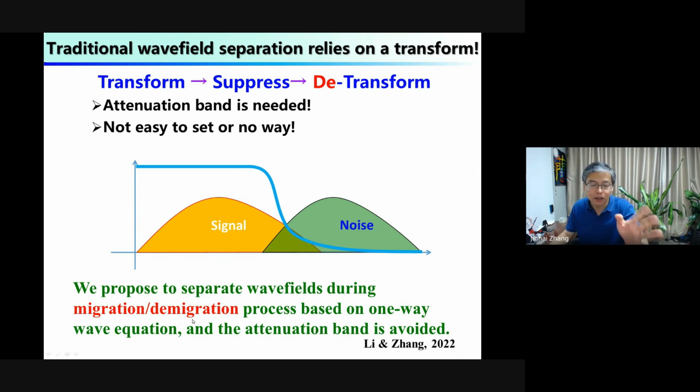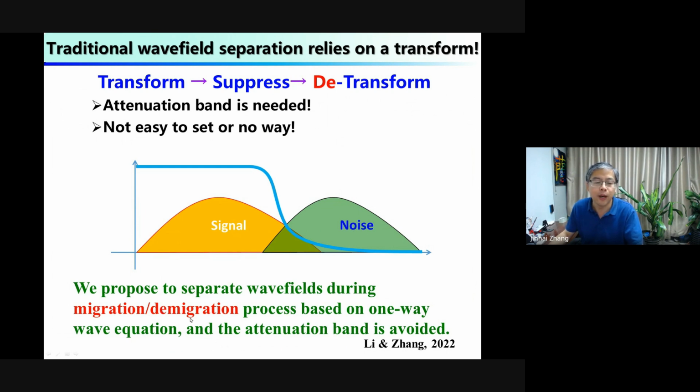Yes, this is true, because we are using a very particular kind of method. It is based on a one-way wave equation. The wave propagation can only go in a given direction. So away from the given direction, the wave field is gradually or naturally reduced during the migration and demigration.